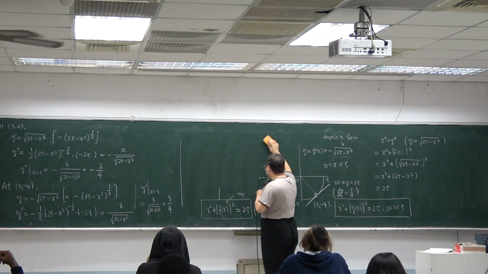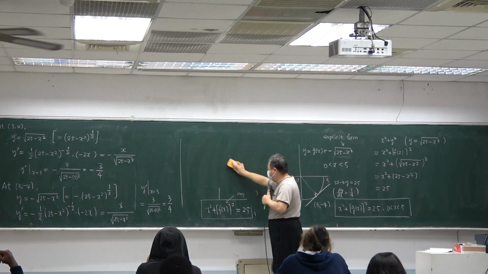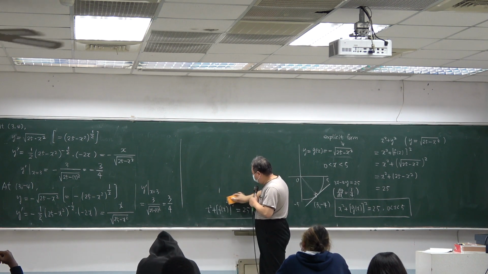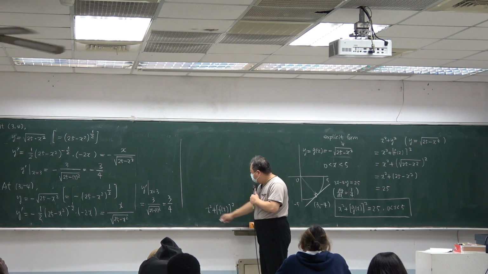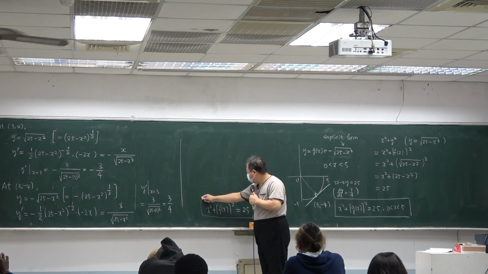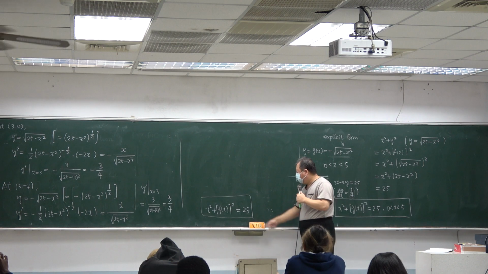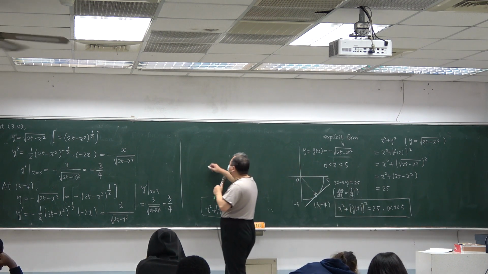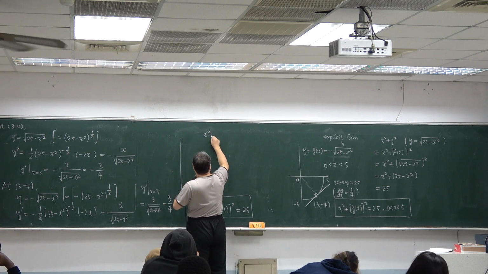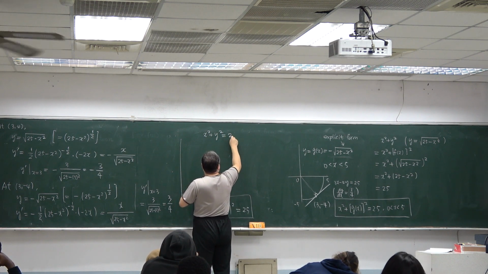Begin with this equation. Differentiate. We have x squared plus y squared equals 25.